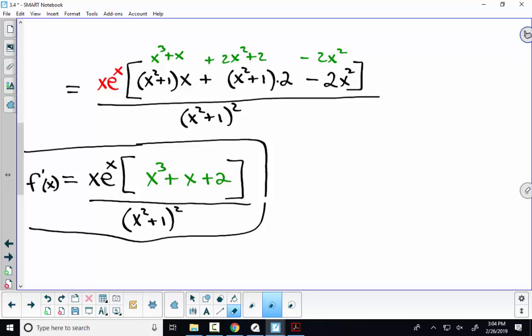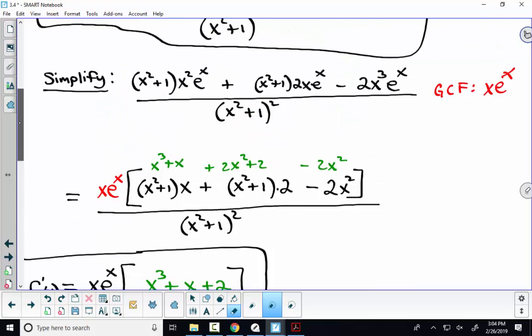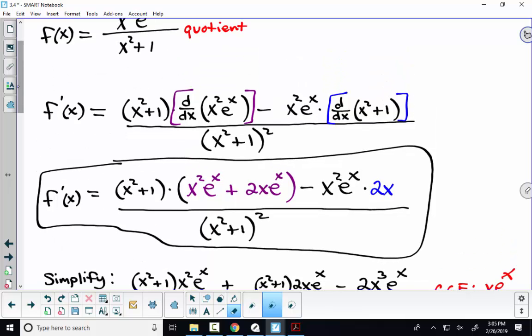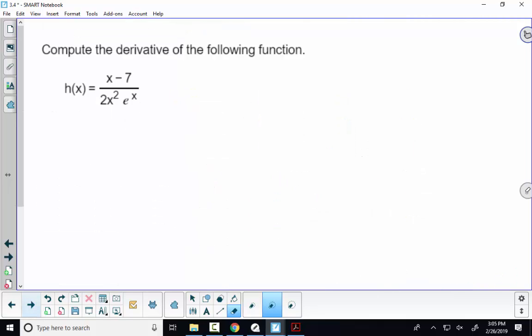There's this much calculus, and then the rest of it's solving, simplifying, factoring, whatever. Any questions on this derivative here? That was from homework. We could come back to that.